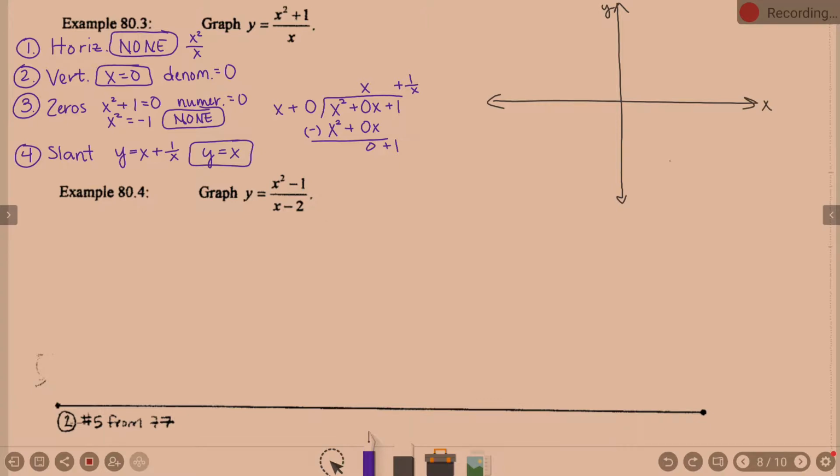We have no horizontal asymptote. We have a vertical asymptote at x equals 0. So our y-axis is a vertical asymptote. We have no zeros, so this graph will never cross through the x-axis. And we have a slant asymptote at y equals x.